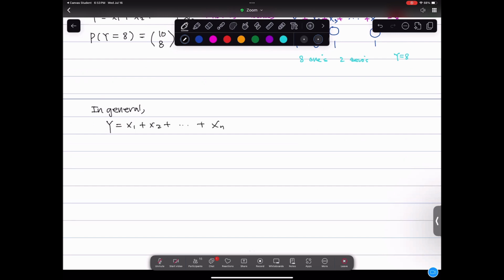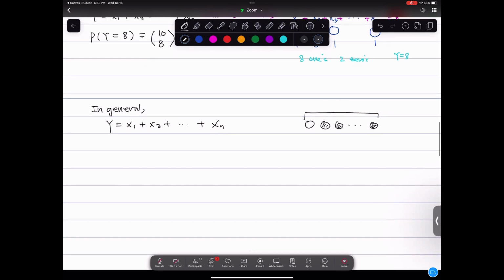So n of those items, and all of these are 0 or 1. It can be 1, it can be 0. I'm interested in how many ones, how many zeros. So this is nothing more than a binomial. So y is binomial: how many successes and how many failures, with n trials, n items, and success probability P.